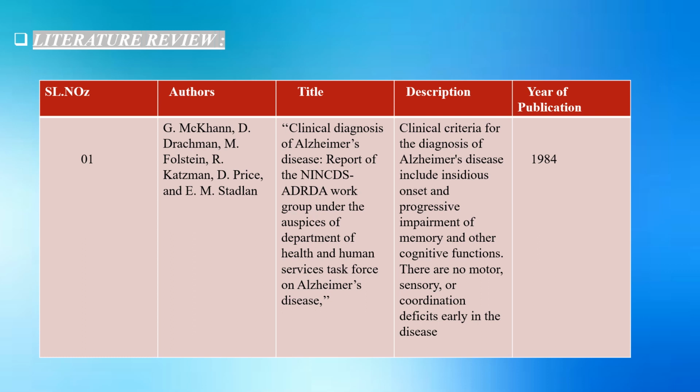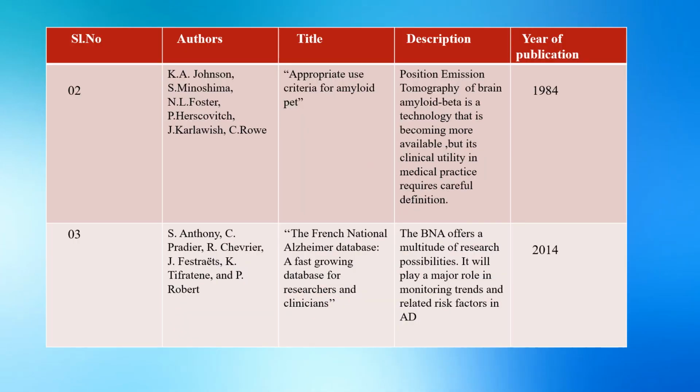There are no motor, sensory, or coordination deficits early in this disease. The second author has given a paper under the title Appropriate Use Criteria for Amyloid PET, which describes that positron emission tomography of brain amyloid beta is a technology that is becoming more available, but its clinical utility in medical practice requires careful definition.